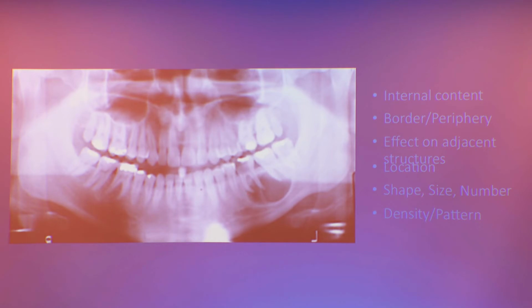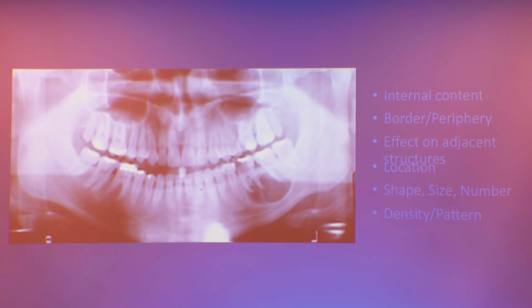It's superimposed with the roots of 18 and 19, and it appears to be having an epicenter at the distal root of 19. So the location relative to 19, and then given the clinical findings of the crown of 19, suggests that it's coming from 19. And the density, the shape, the smooth corticated border suggests a cyst.